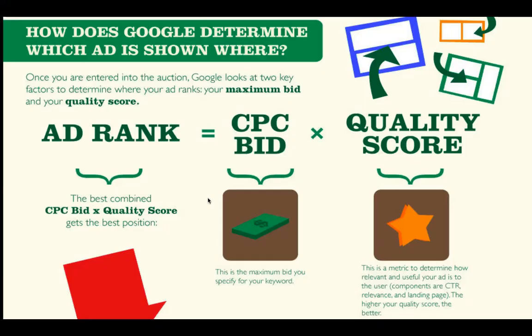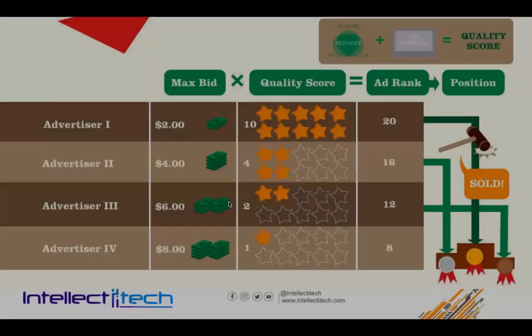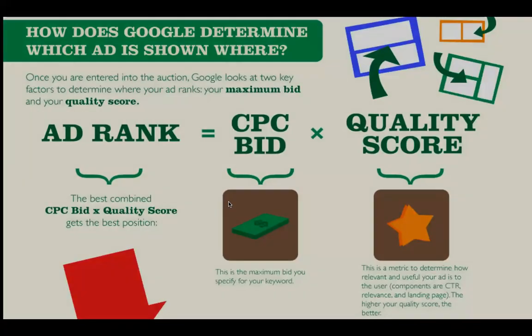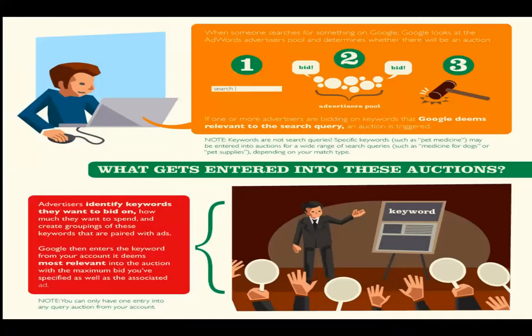Okay, let me go back. What we talked about, the first thing is that when a user is searching, I gave the example that we have a company, we're a baking company, and we want to sell cakes.